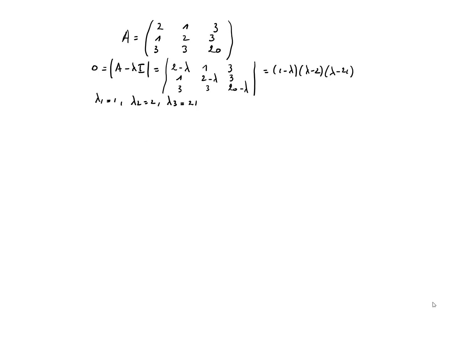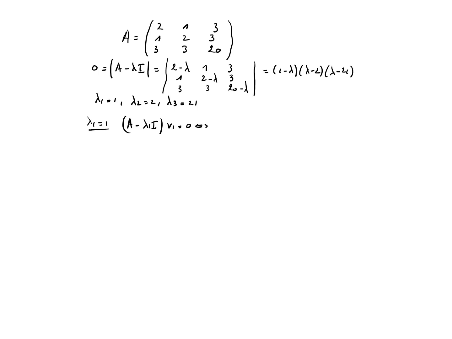Well, I've rewritten everything to give me some space, and now we'll look at the first eigenvector. So lambda 1 is equal to 1 over here, and we'll look at the problem A minus lambda 1 I times v1 is equal to 0.